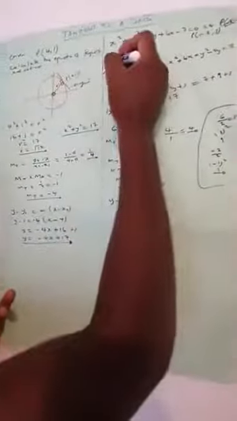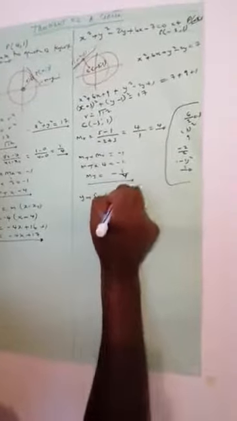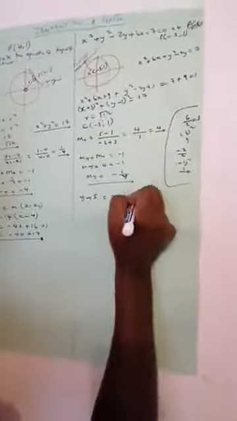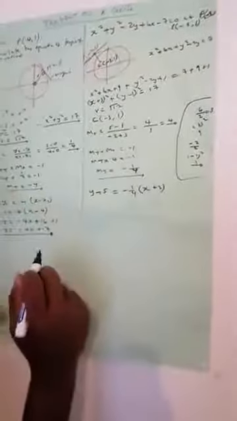Now we are going to use y minus y1. So we take this point here. It's y minus 5 is equal to m. What is our gradient? Negative 1 over 4 into x minus negative 2, gonna be plus 2, because you are using this one, this point where the tangent goes. You can't use this one because the tangent doesn't go there.